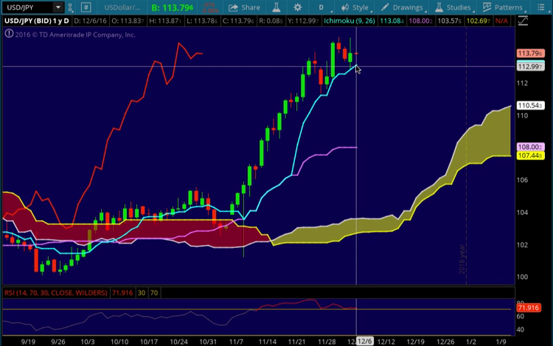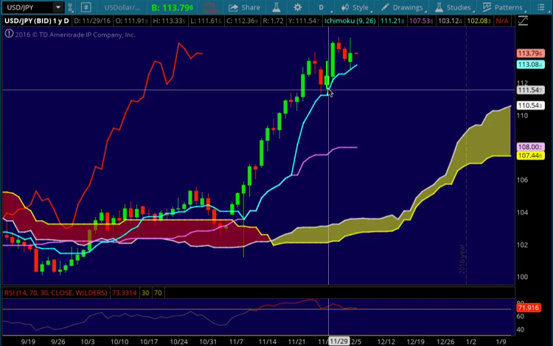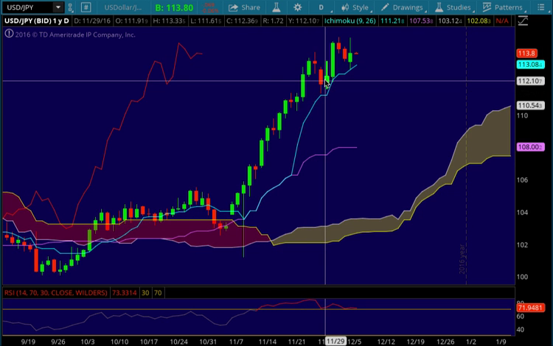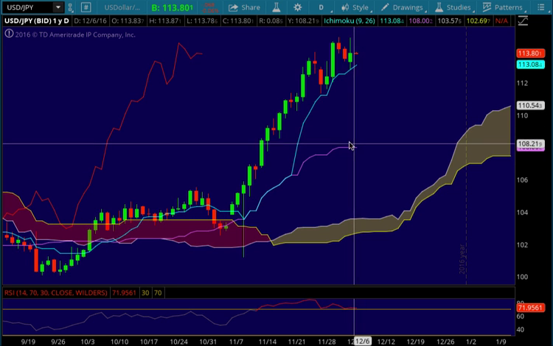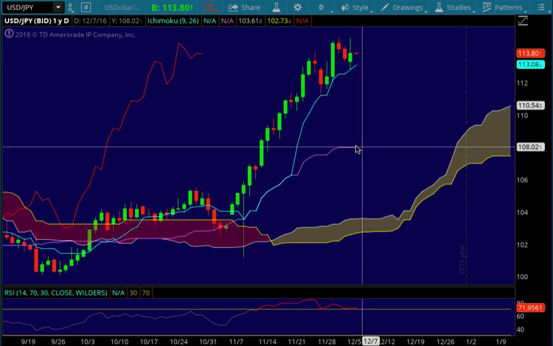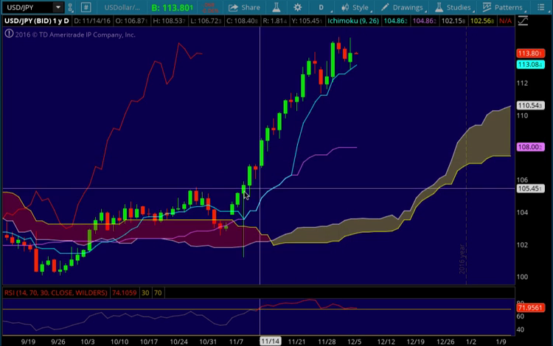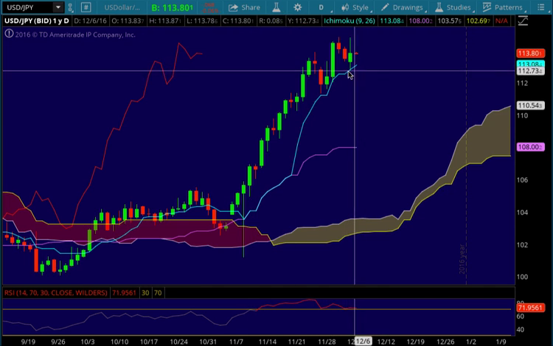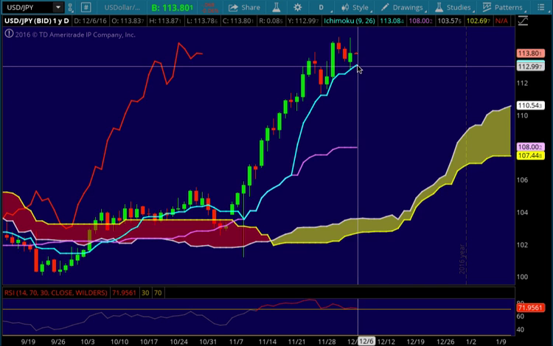That would be key to initiate the potential for a pullback greater than just a small pullback that corresponds with the pattern I just described. We do have a flat Kijun-sen down here below, which suggests that we do kind of need a pullback because we're quite extended over the cloud, but that's unlikely as long as we hold the Tenkan-sen support.